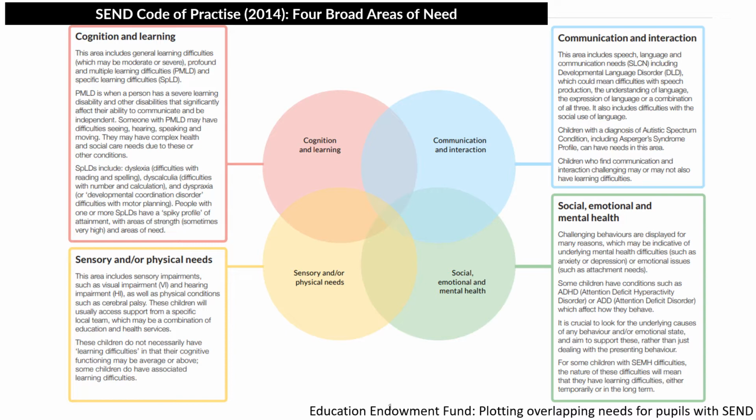An example of that is you will see that children with a diagnosis of autistic spectrum condition have cited as their primary need communication and interaction, but we all know very well they're likely to have difficulties with social, emotional and mental health, cognition and learning, and indeed sensory impairment or sensitivities.